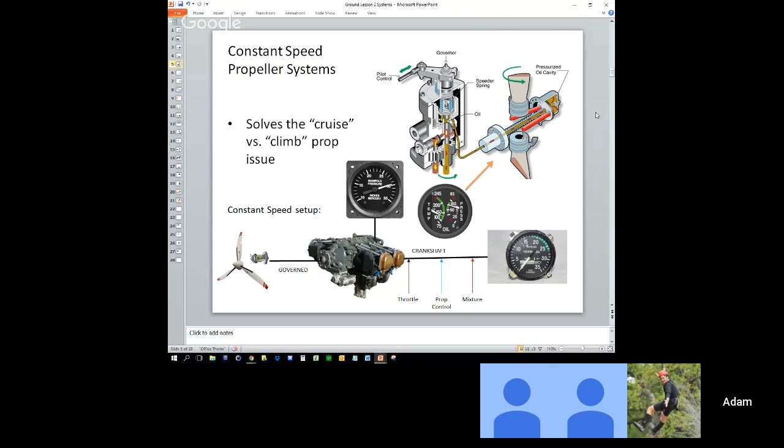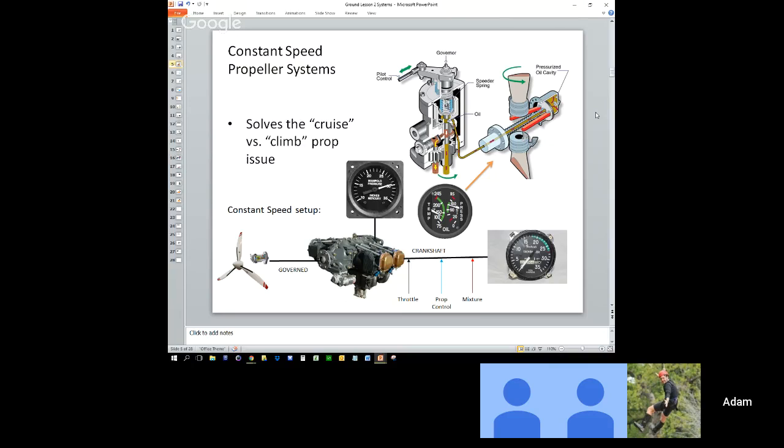So what's the engine going to do? The engine is going to see that as there's less fuel air coming in. The engine's going to slow. It's going to initially have less power output. The pistons and cylinders are going to be providing less power output because there's less fuel air, right?